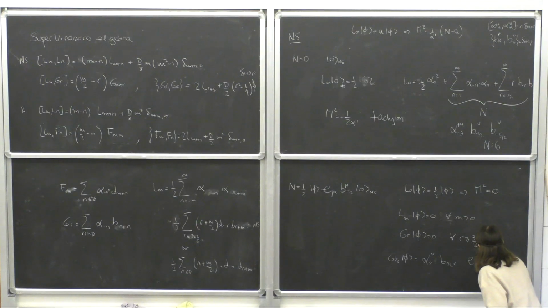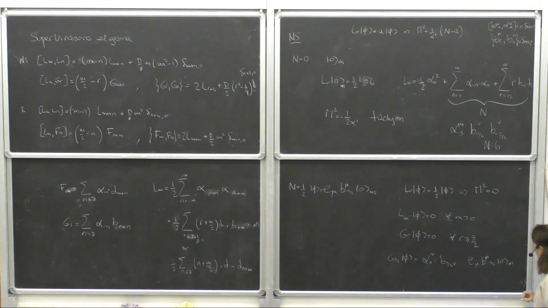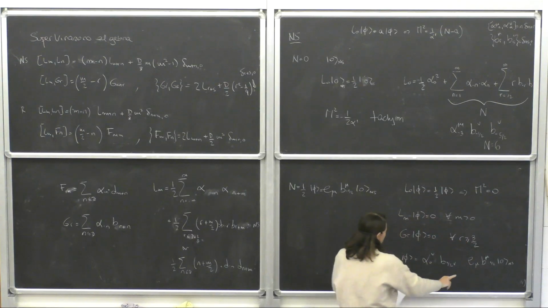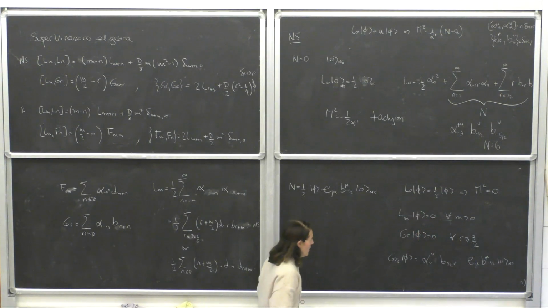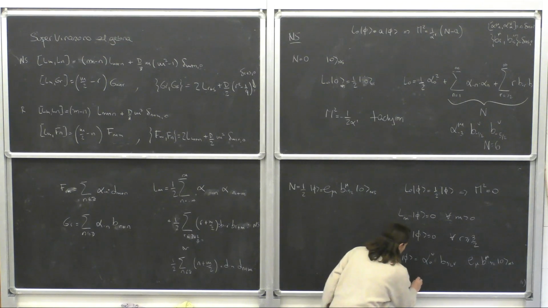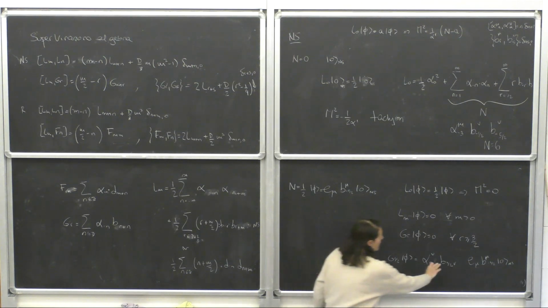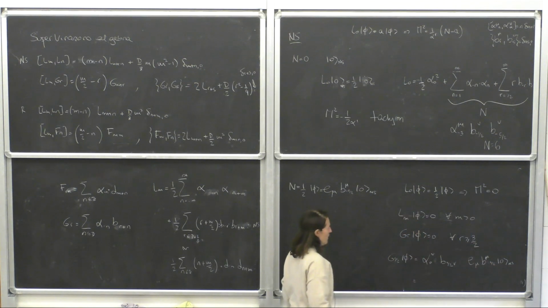So let me put the indices nu acting on E_mu b_{mu, -1/2} |0, k>. And now I commute these two, anti-commute, sorry. Whenever this one is acting here, I get a 0.